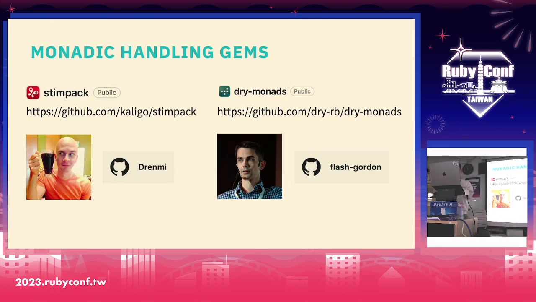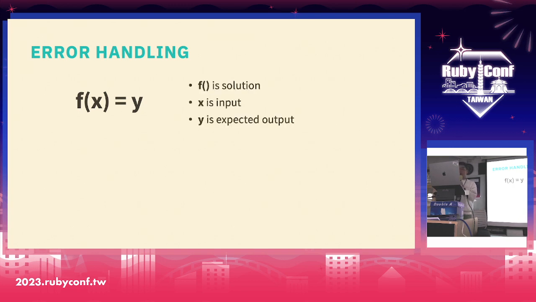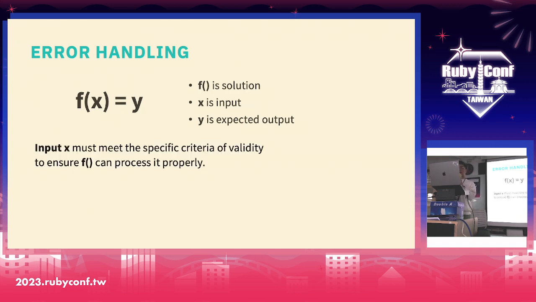So we want to explore error handling in other terms, following the mathematics analogy I showed you in the beginning. The input x we have to ensure meets the validity for the function to process. We can think of this as a key to unlock our solution.